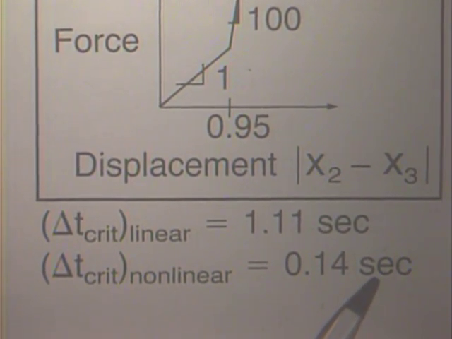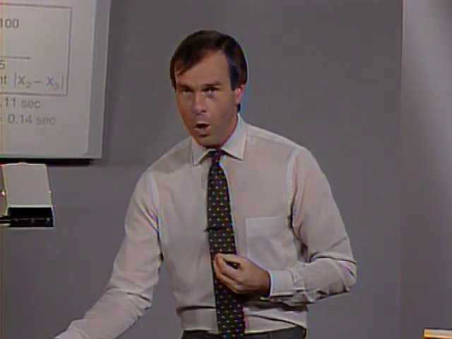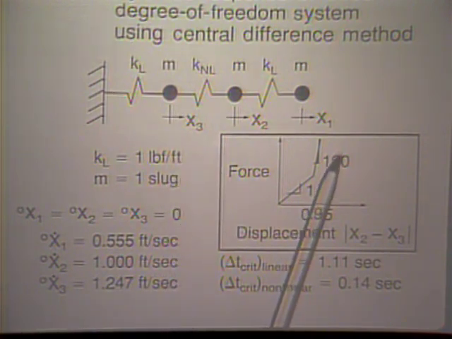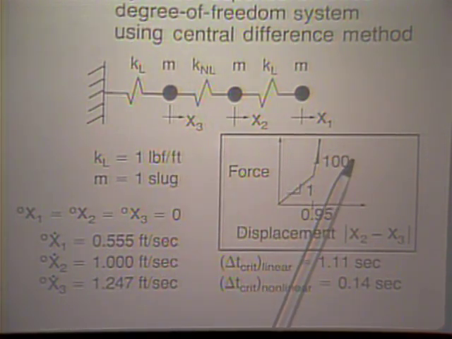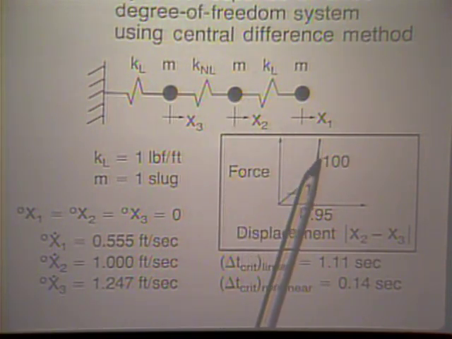So if we now perform a central difference method solution of this problem, and if the solution brings us into this regime, it is very important to use as a critical time step 0.14 seconds. It is very important even if we are only in this regime for just a few steps.